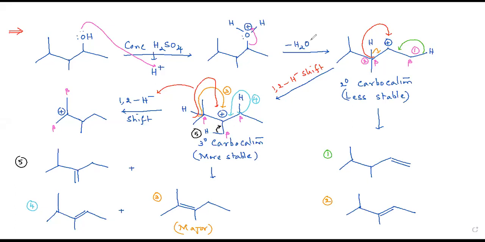Then the final thing is, I can see even these two beta are in the same environment. Take any of these. Let me take a hydrogen from this area. Either you can take this or another from this area, but both will be of the same type.